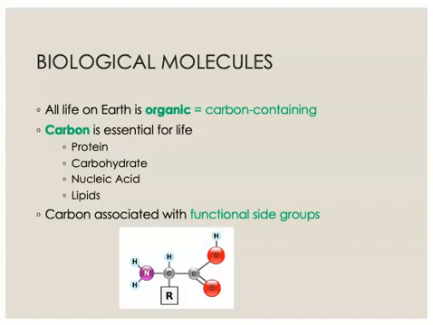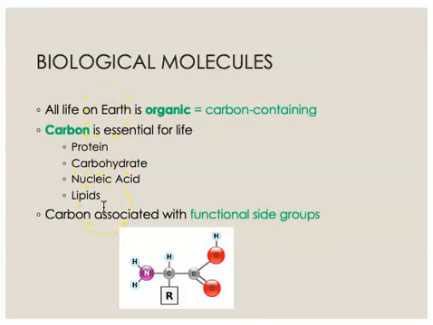So all of the molecules that make up all of the cells inside all the different organisms that live on the planet Earth are organic. They are built upon this important element called carbon. Carbon, therefore, is essential for life and is found in all 4 of the macromolecules. We often refer to carbon as being the skeleton of the macromolecules.